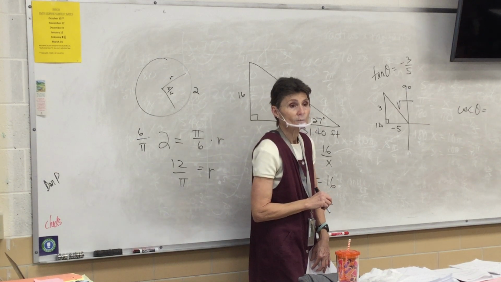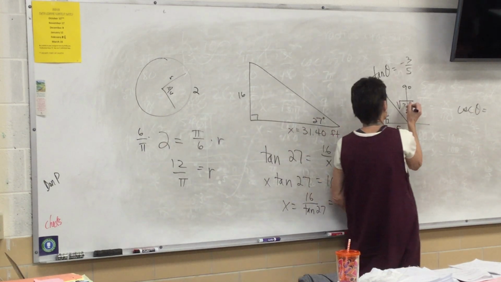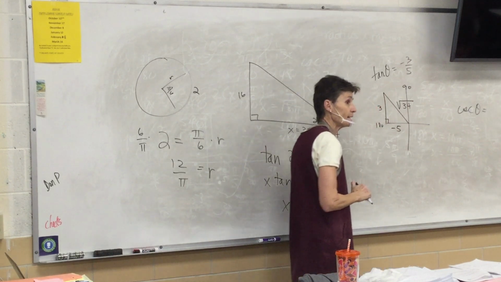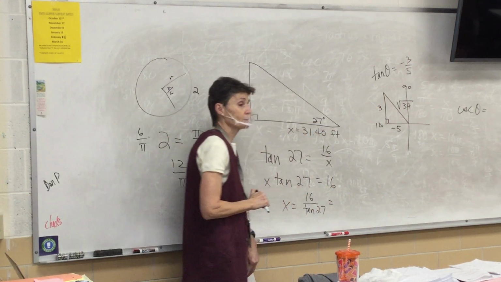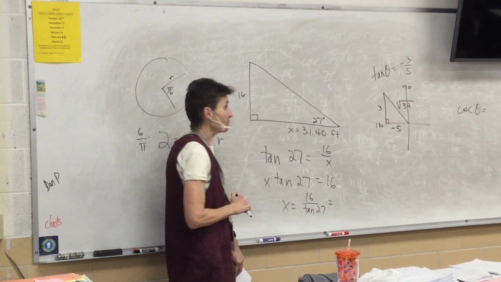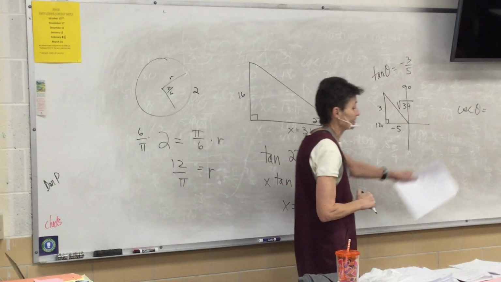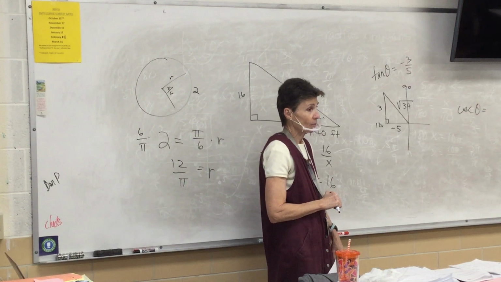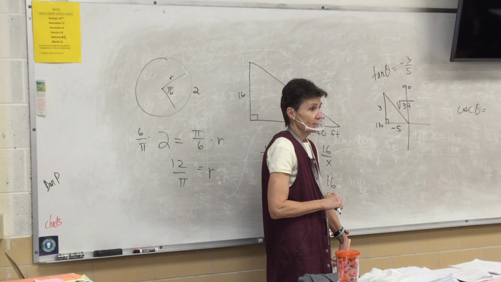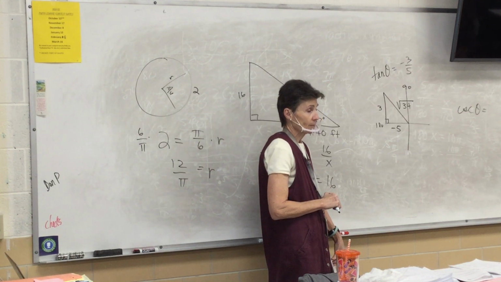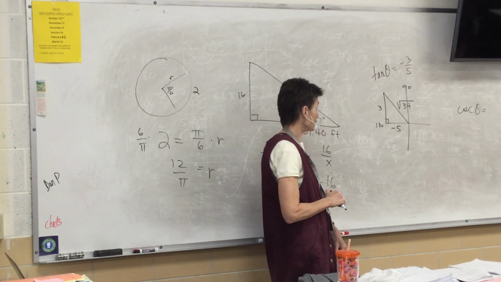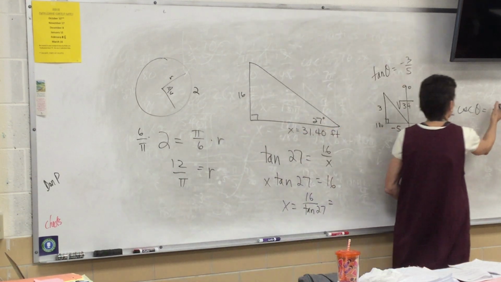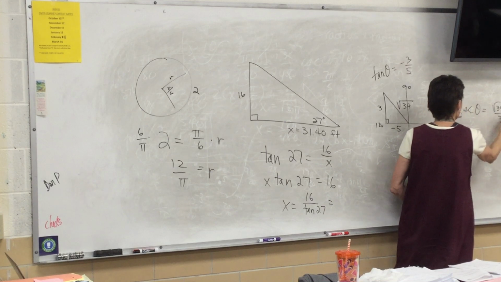Square root of 34. 25 and 9. Now we want cosecant. Cosecant is reciprocal of sine. So it's hypotenuse over opposite, root 34 over 3.